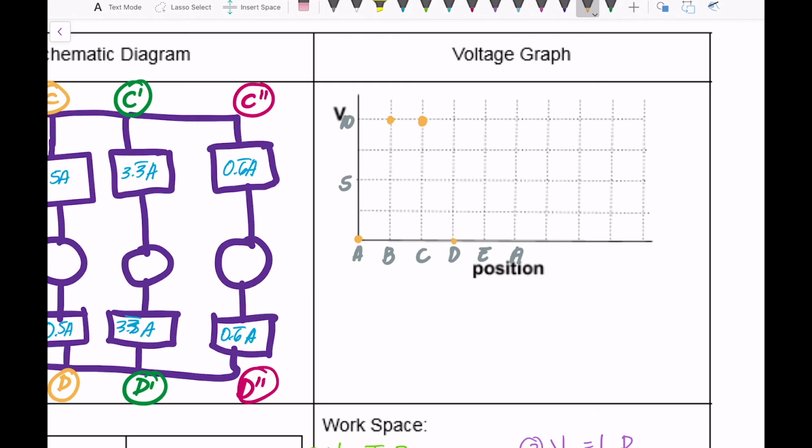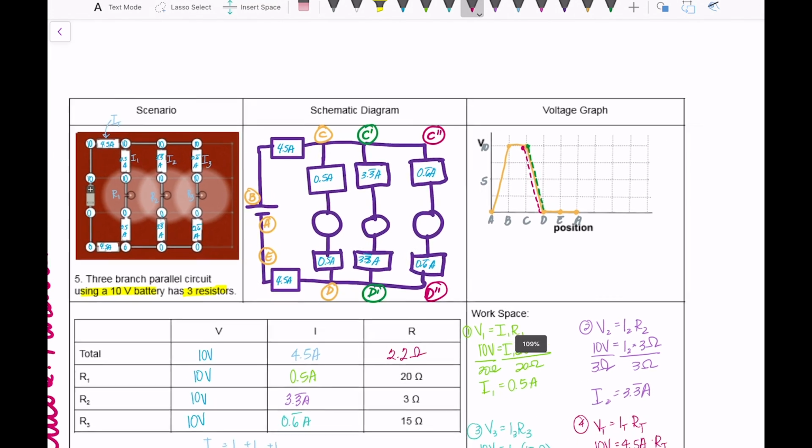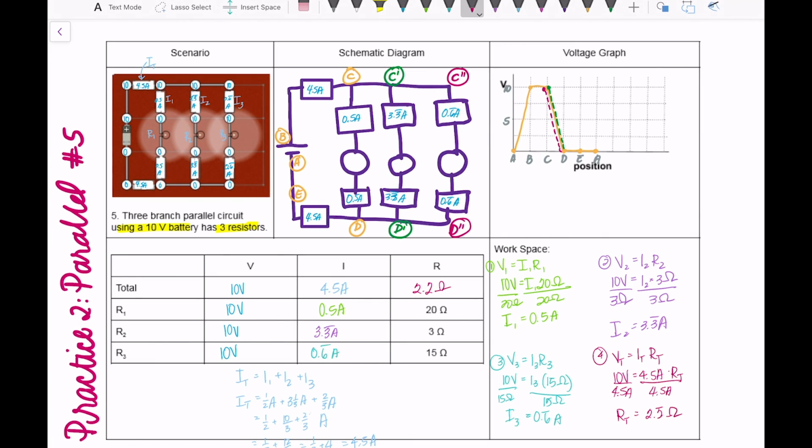Then at D, it goes to 0. E and A are all at 0. So when we draw our lines, C prime will just be right next to it. I'll draw it as a dotted line, and it doesn't go past that. And D prime, or C double prime, will just be another one in a different color. All right, and that is the end of practice 2.